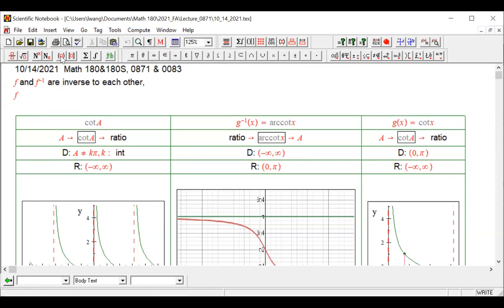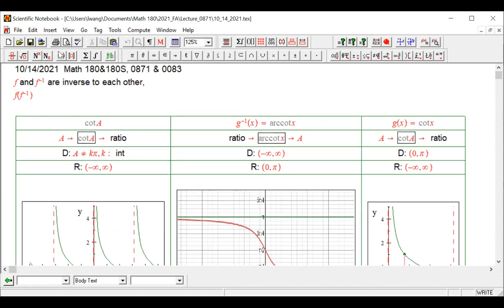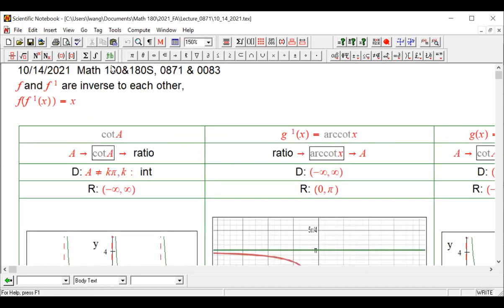And we know that this is always true. This is always true, right? For what kind of X? For X in the domain of F inverse.